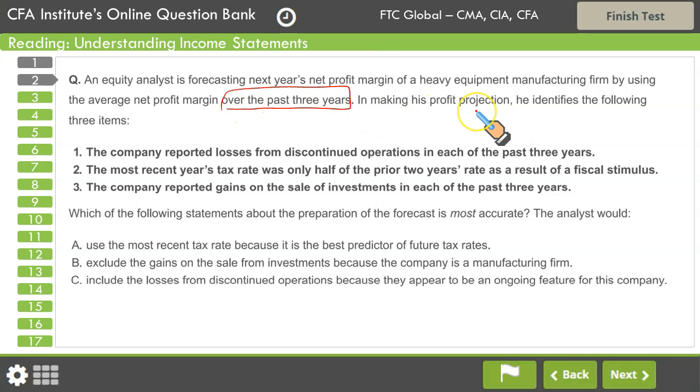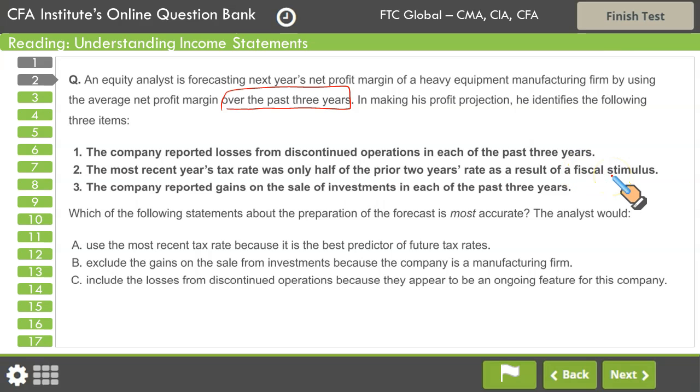In making his profit projections, he identifies the following 3 items. First, the company reported losses from discontinued operations in each of the past 3 years. Okay. Second item, the most recent year's tax rate was only half of the prior 2 years' rate as a result of a fiscal stimulus.